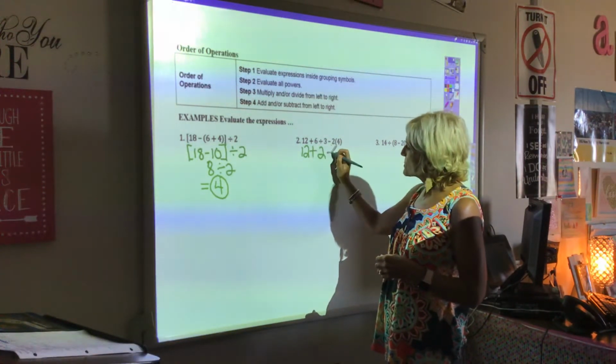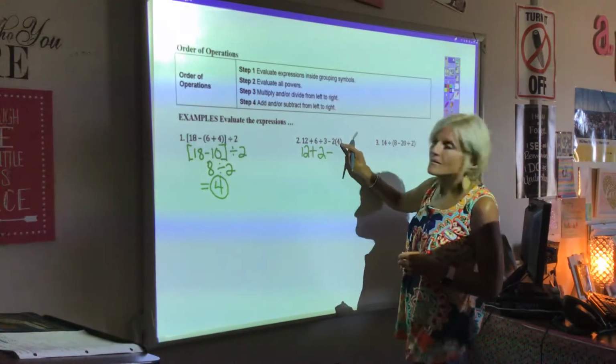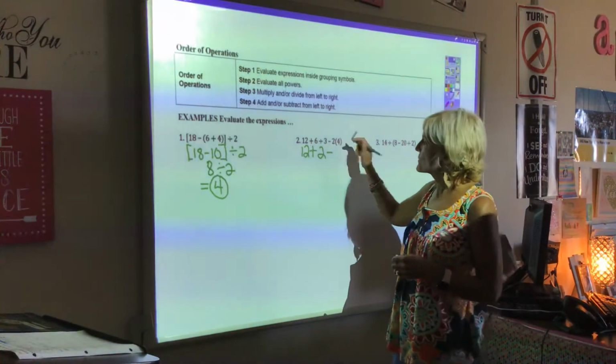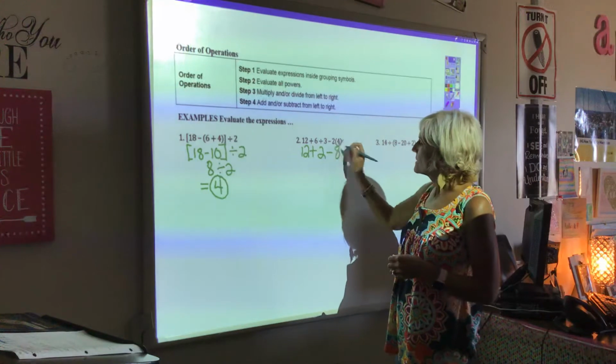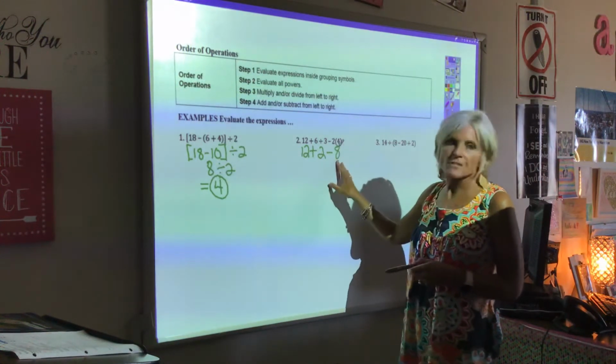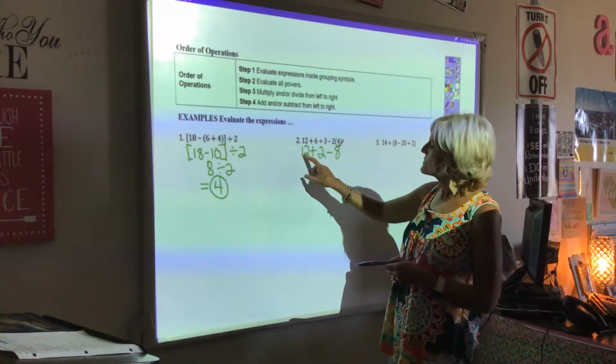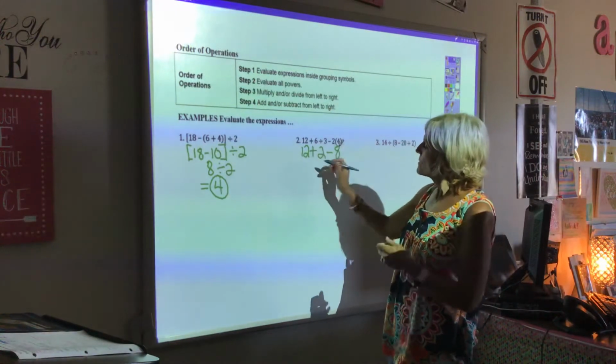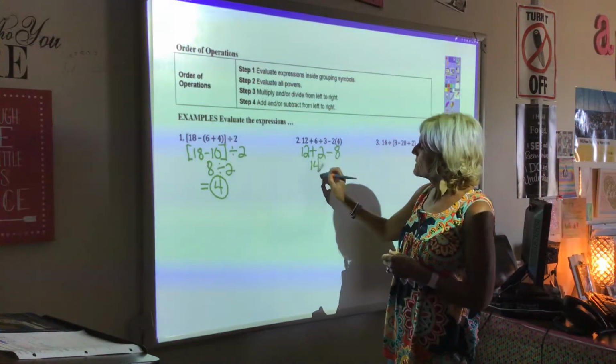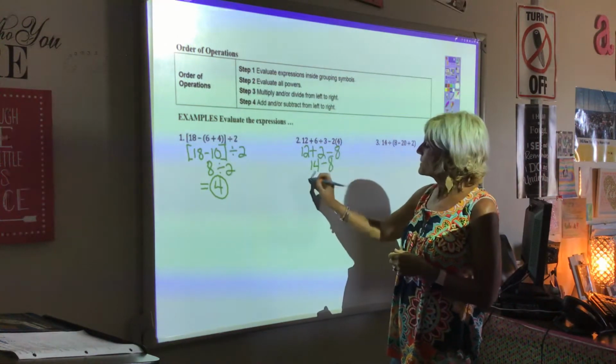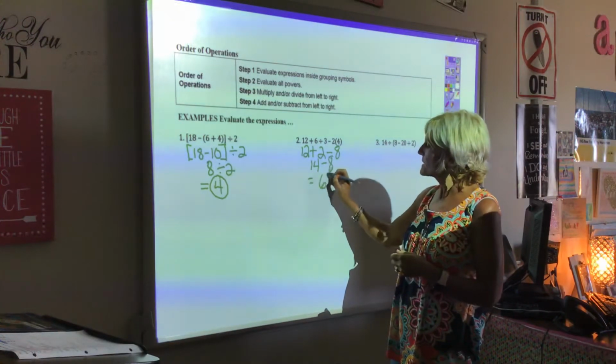Then we've got subtraction, but we also have multiplication here. 2 times 4 would give us 8. So addition and subtraction just go from left to right. We would have 12 plus 2 would give us 14, minus 8 would end up giving us 6.